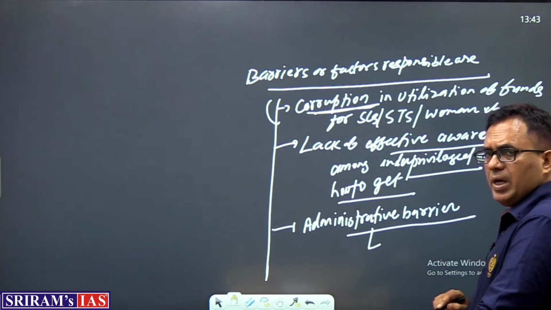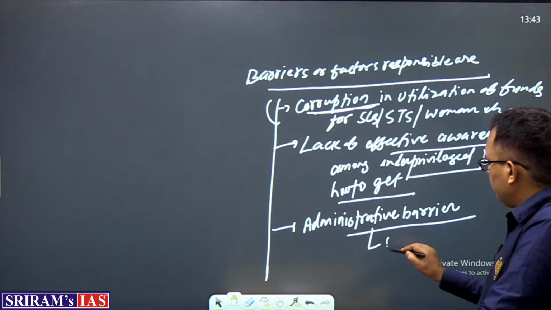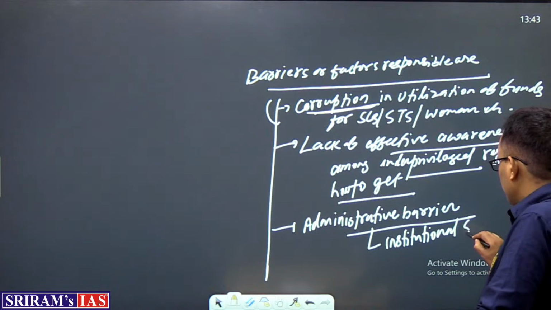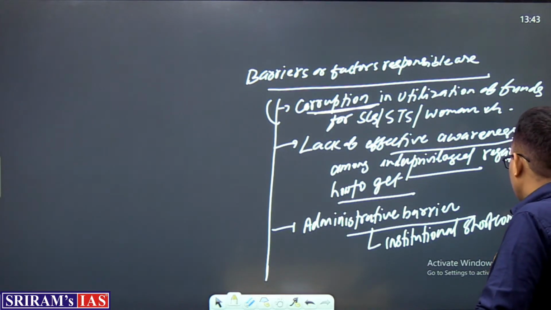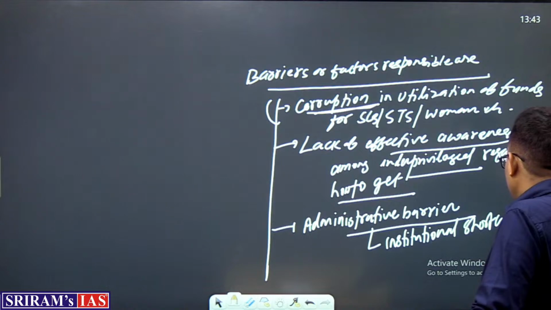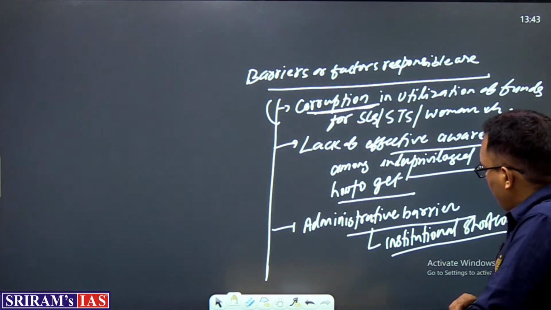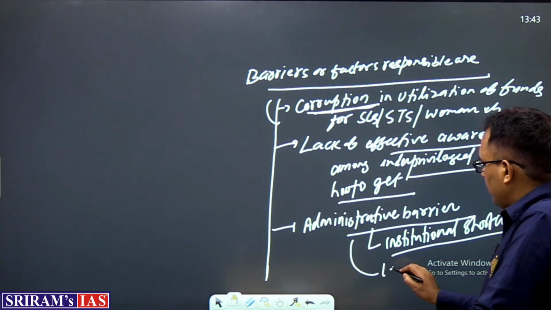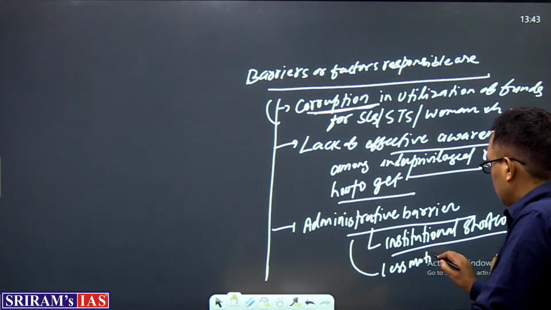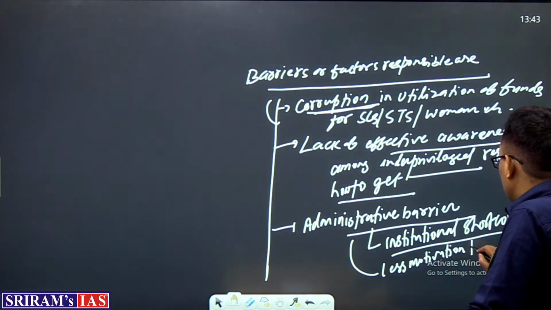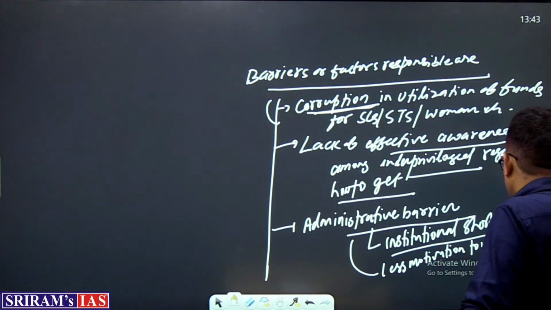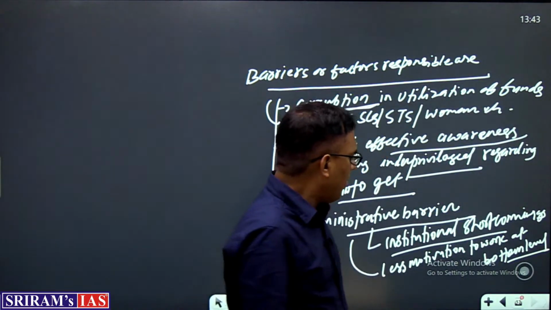First, we can say this is the institutional shortcoming that we are required to mention, like less motivation to work at the bottom level.